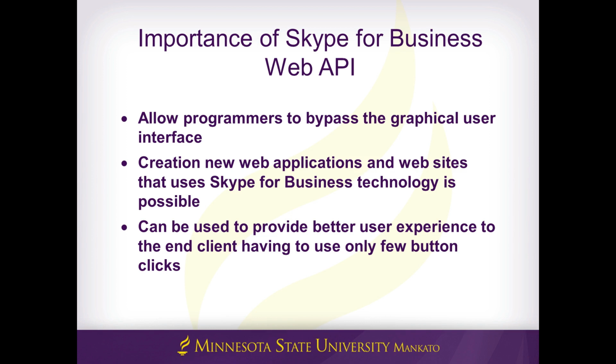This can be a web application that uses real-time communication from a website or web application to the Skype for Business platform. It can be directly interacted with using the API, instead of the user having to go to a different portal to open a different application or an installed application to start the communication.